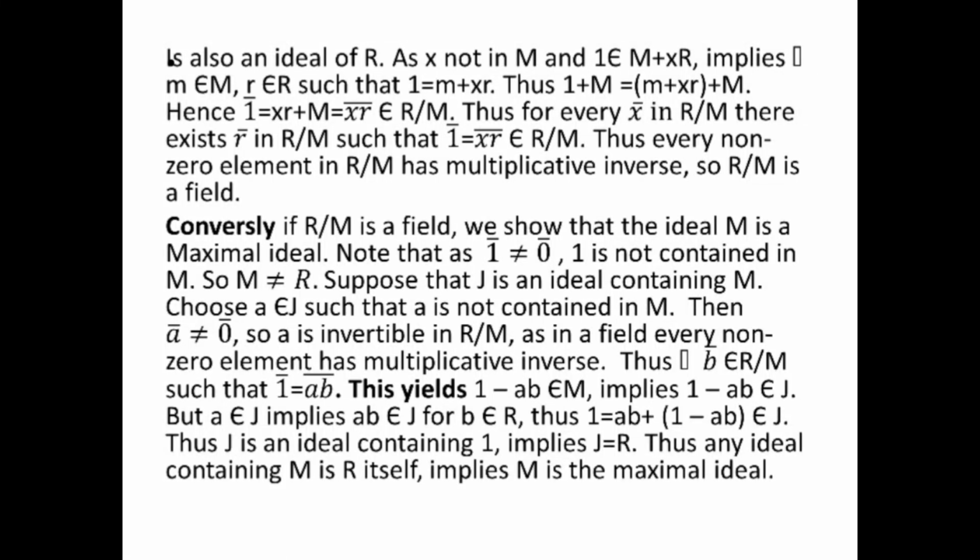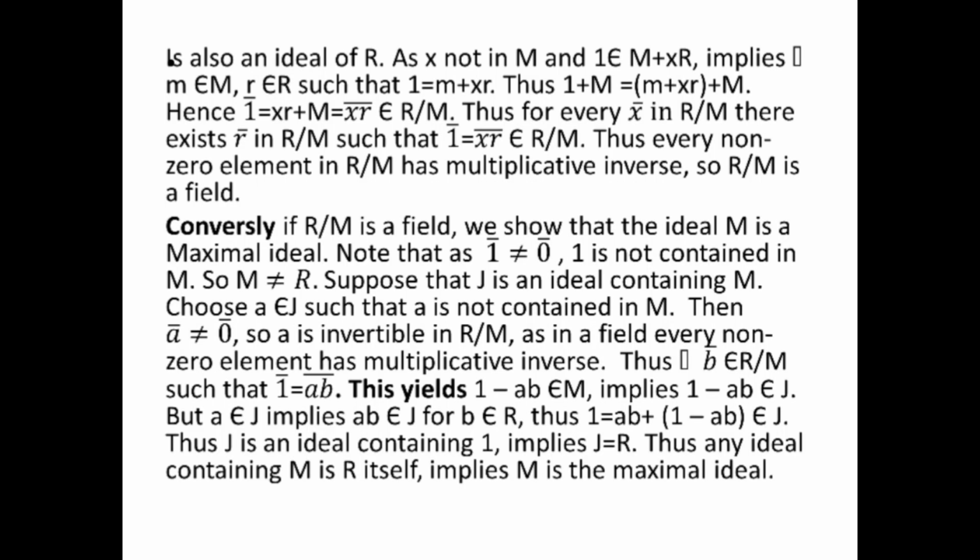You can add the set M on both sides, so 1 plus M is equal to m plus xr plus M. But addition is commutative in R, so xr plus M we can write.